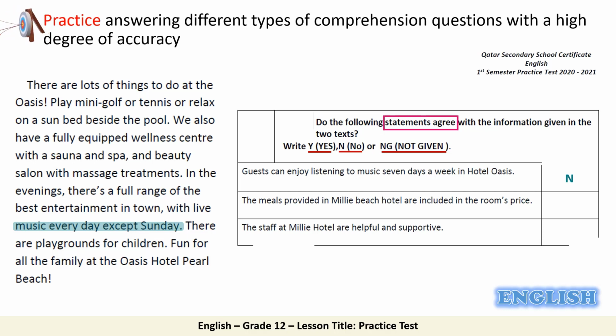And the justification is that the statement says that guests can enjoy listening to music 7 days a week in Hotel Oasis. But the text mentions that they can listen to music every day except Sunday. So 7 days is wrong, because on Sunday guests cannot listen to music.